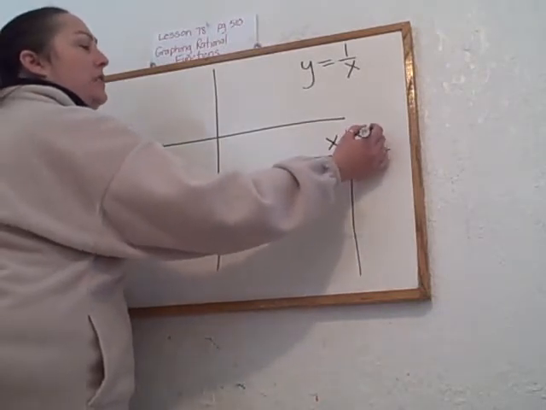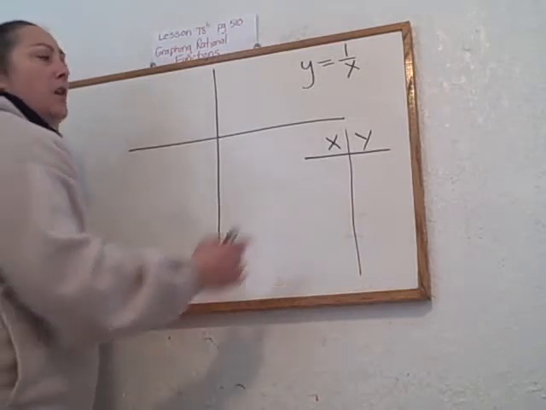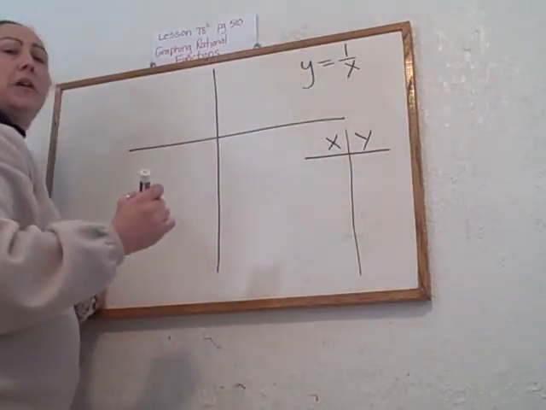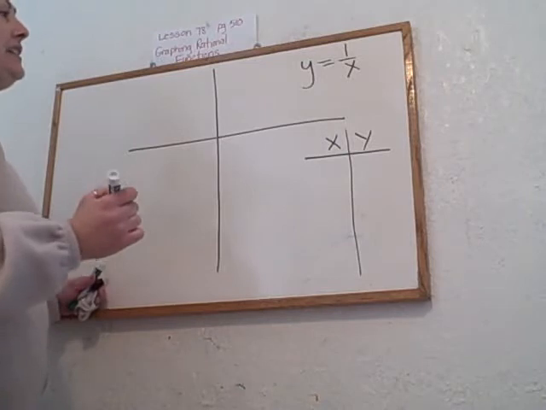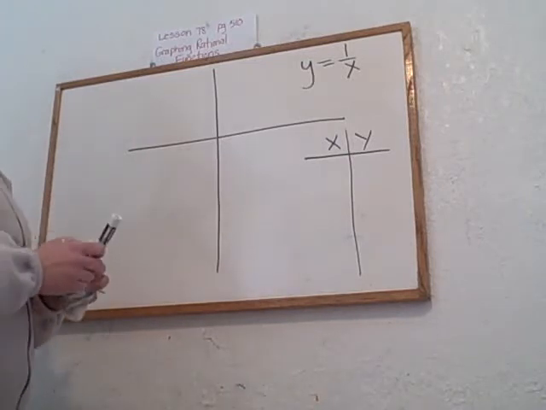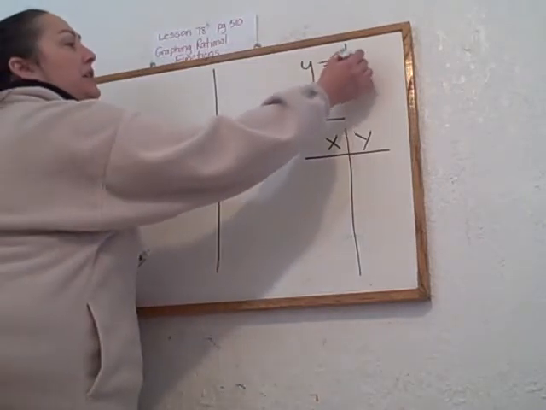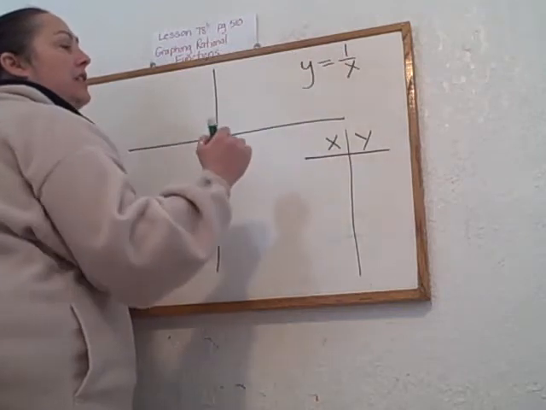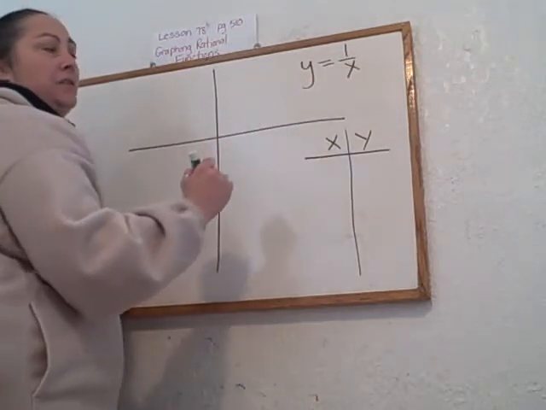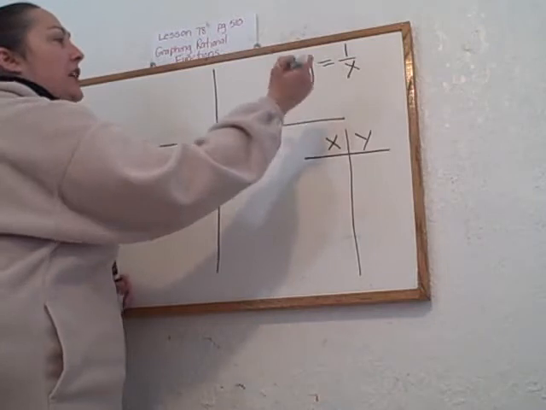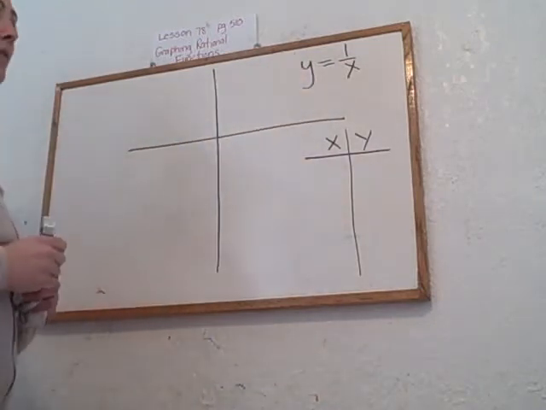There's my x values and there's my y values. I could never put 0 in the denominator of my fraction. So x can never equal 0, and if x can never equal 0, then y can never equal 0.